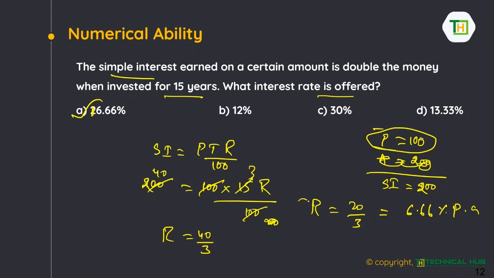This is not your answer. 40 by 3 means 13.33 percent. Option D is the right answer, not option A, option D. If you take the principal amount as 100, simple interest is double, that is 200. Simple interest is 200, not the final amount. Option D.